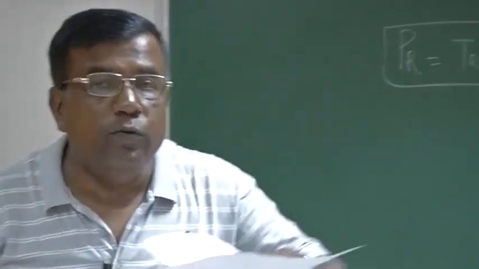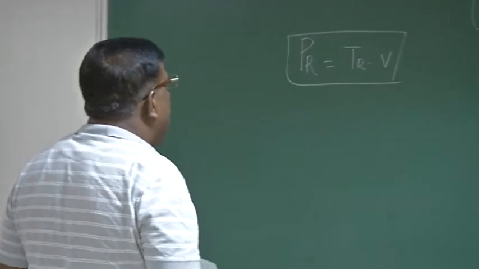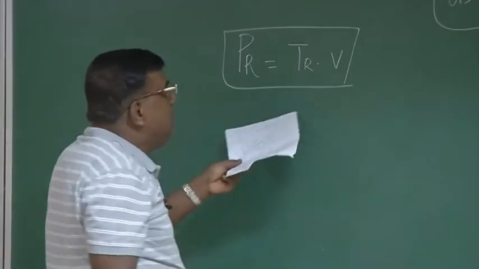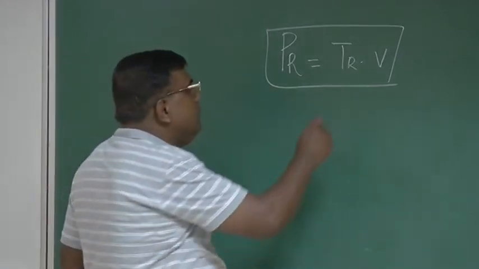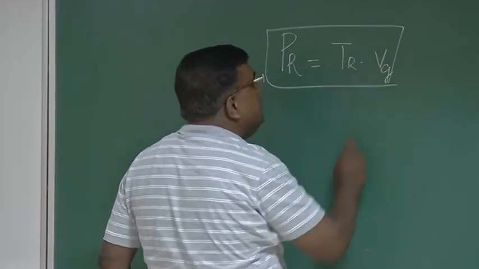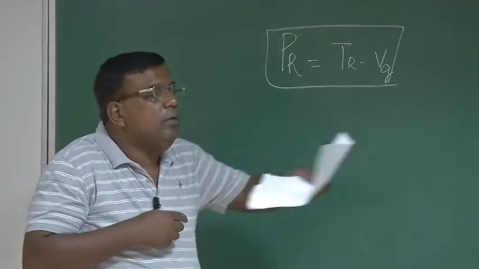Something is to be moved, some work has to be done. Unless there is a displacement, there is no work done, and the rate of change of that work done is power. So this V has to be V with respect to the ground, Vg. Is it clear? The vehicle is moving with respect to the ground.